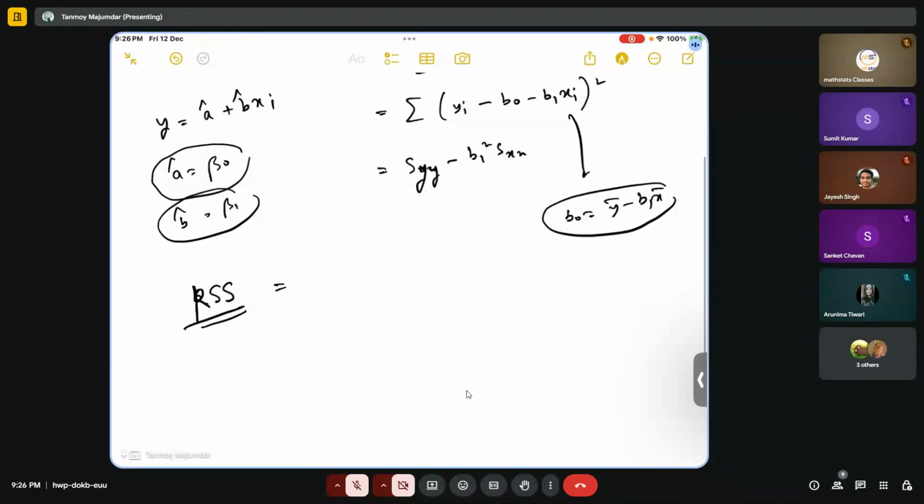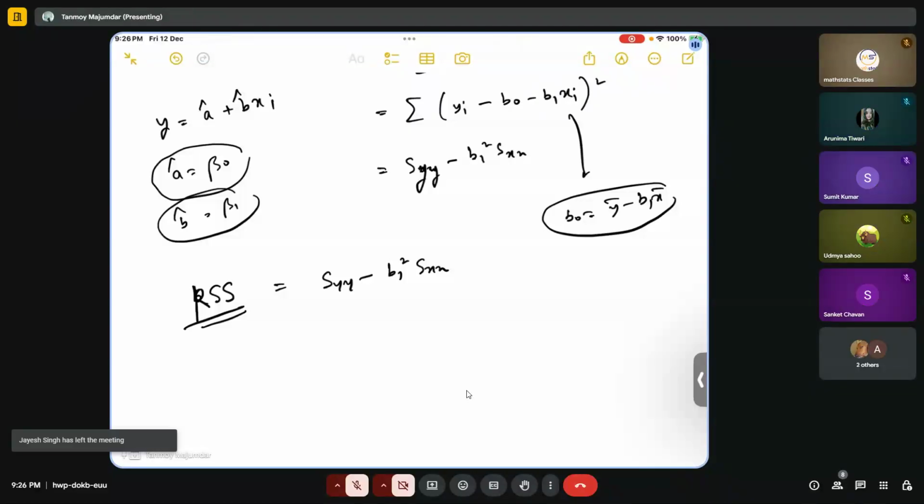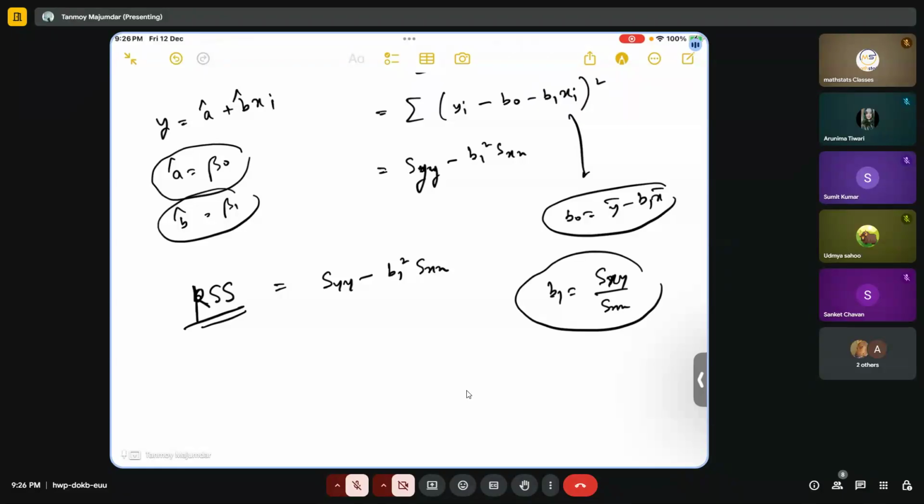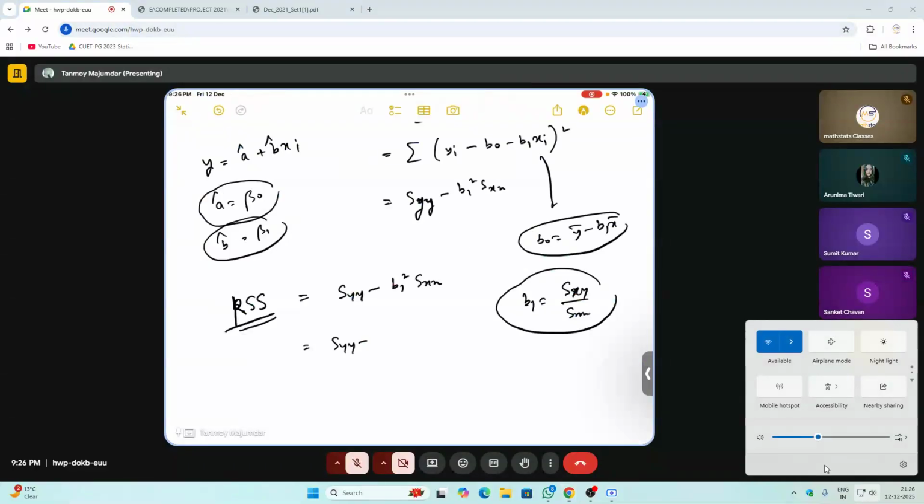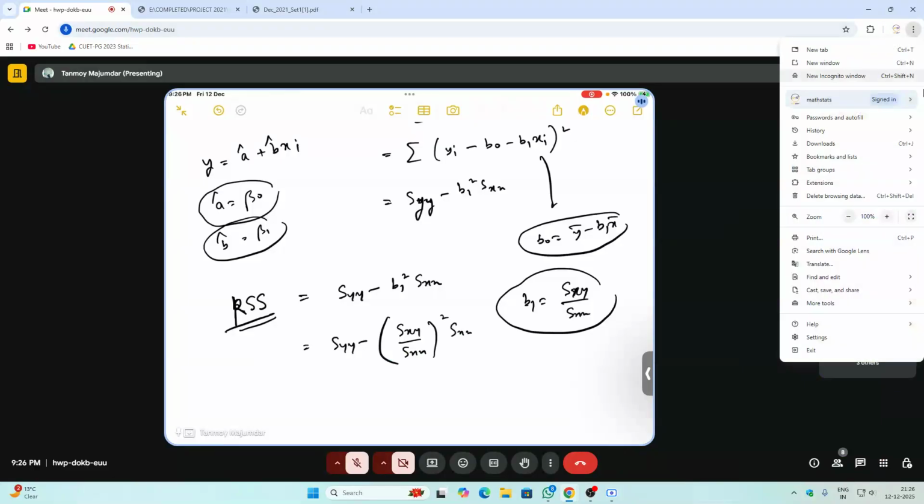Okay, so that becomes syy minus b1 square sxx. सो इसका और भी बहुत सारा फॉर्म है. सो मान लो we can write b1 equals to sxy by sxx. लास्ट क्लास में हमने देखा था कि जो रिग्रेशन स्लोप है उसका जो वैल्यू है दैट इज इक्वल्स टू दिस. सो अगर हम इसको रिप्लेस करेंगे, we will get syy minus sxy by sxx whole square into sxx.